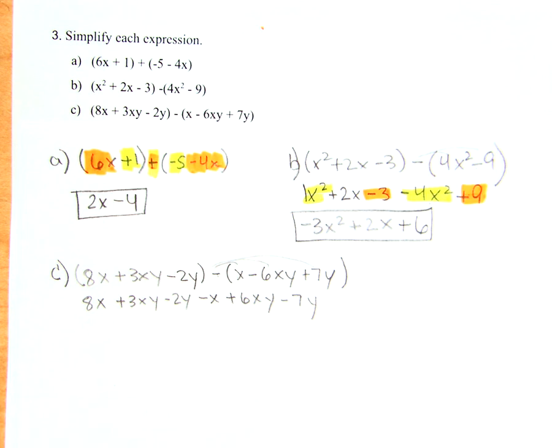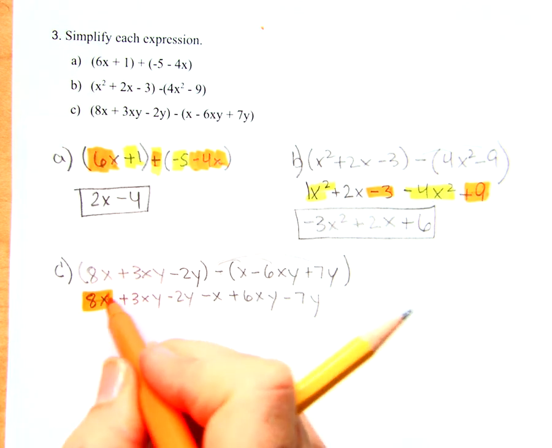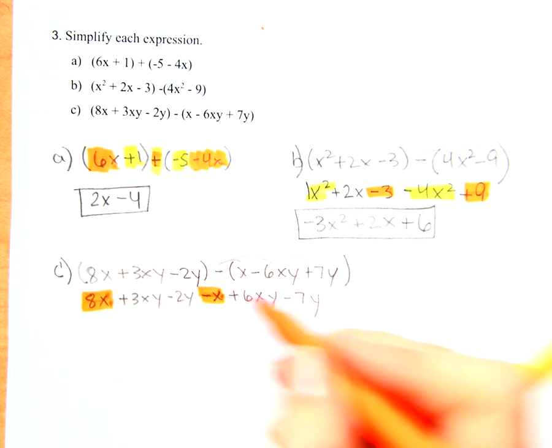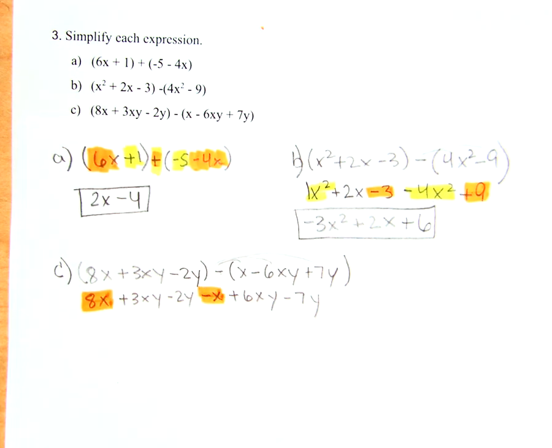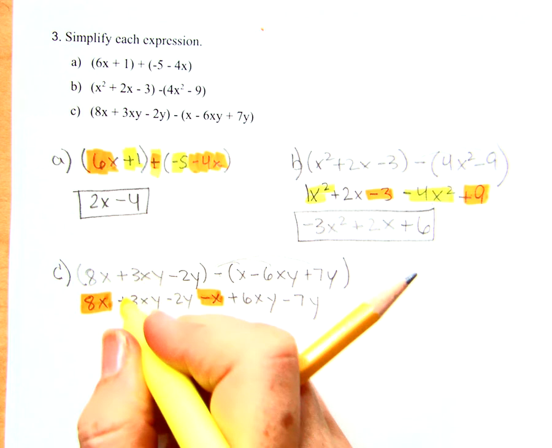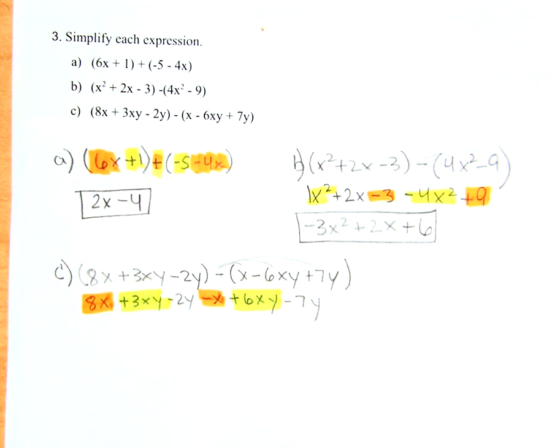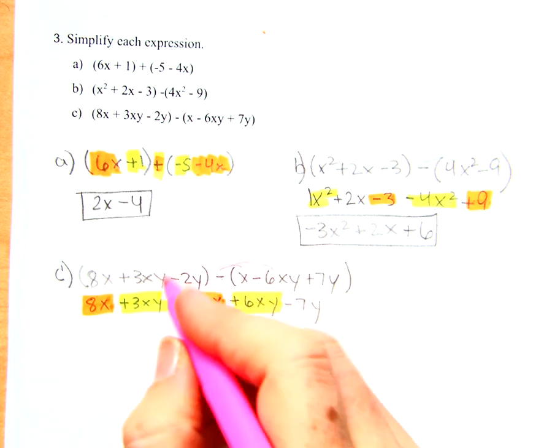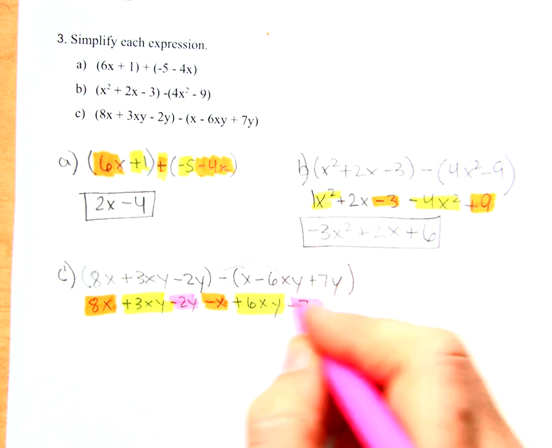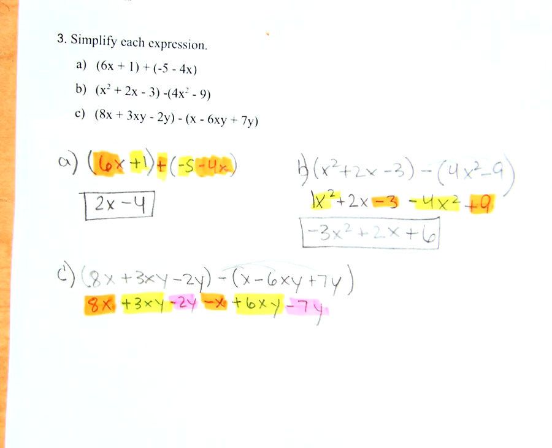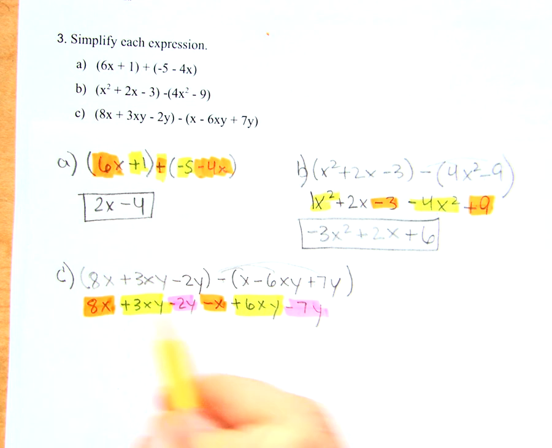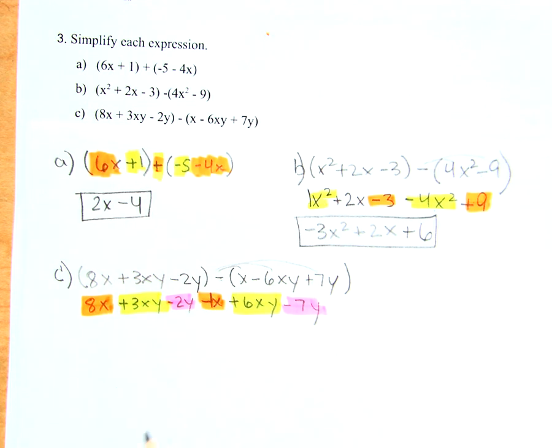And then I can combine like terms. So let's see what I've got here. I've got an 8x and a negative x. I've got a 3xy and a 6xy. And then I need another highlighter color. I have a negative 2y and a negative 7y. Okay, so 8x minus 1x.